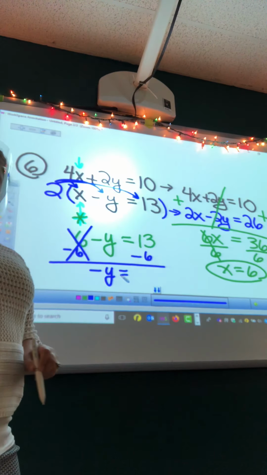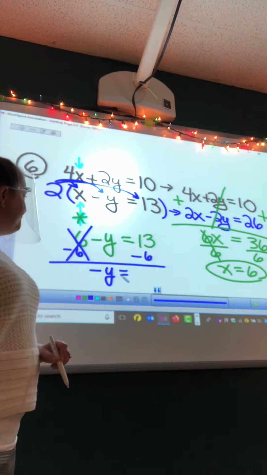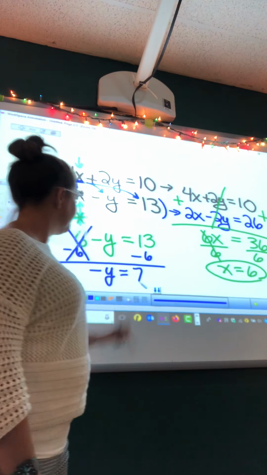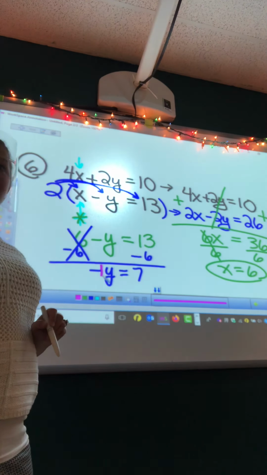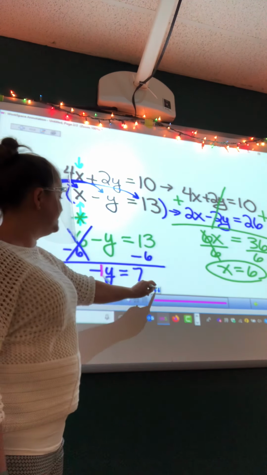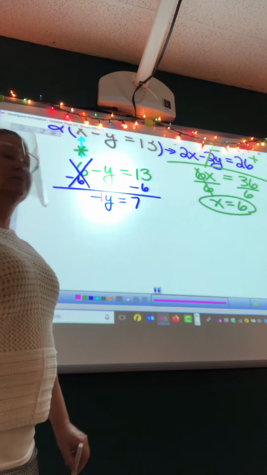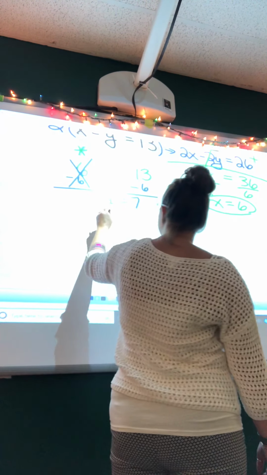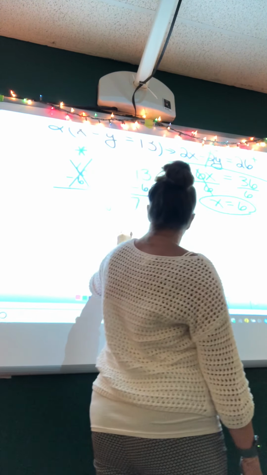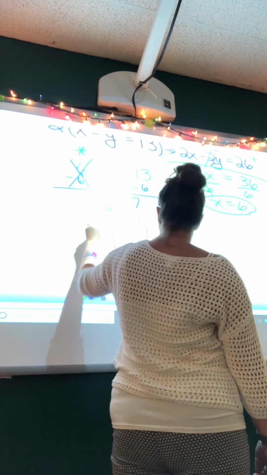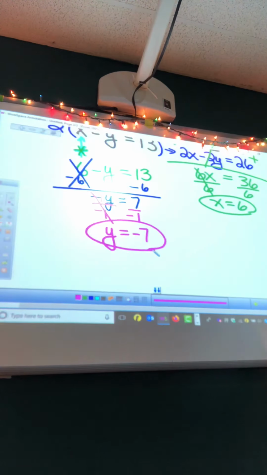And 13 minus 6 is really what? 7. And remembering that this is really negative y, which is a negative 1y, how do I keep solving for y? Divide by negative 1. Very good. And what I do to one side, I do to the other. y equals, hope you're going to say negative 7.